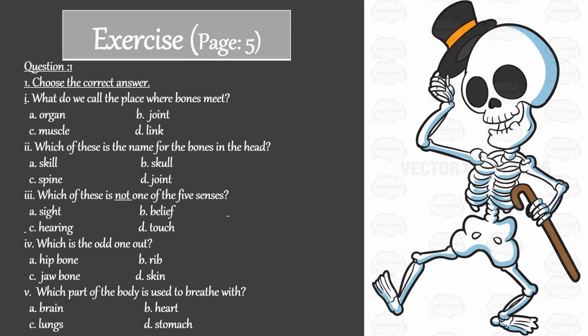So which internal organ is responsible for breathing? Mark it on your book and let me show you the answer slide. Now be the teacher and see if you have done the correct ones.